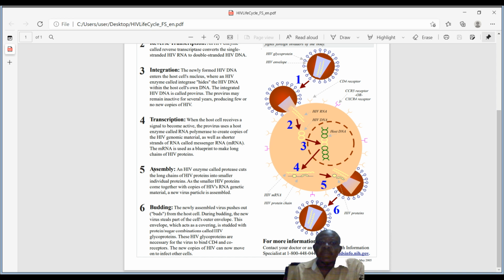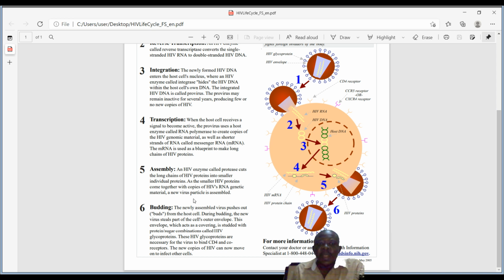So in assembly, the particles being assembled are HIV proteins and the HIV RNA in order to form a new virus. In the assembly stage, the enzyme protease plays a critical role in cutting long chains of HIV proteins into smaller individual proteins.